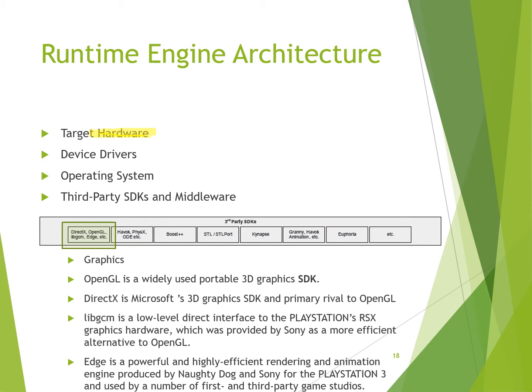Dealing with PC is really difficult because lots of different hardware is combined together, and the I/O always throws exceptions. So the best game engine deals with hardware without throwing exceptions.